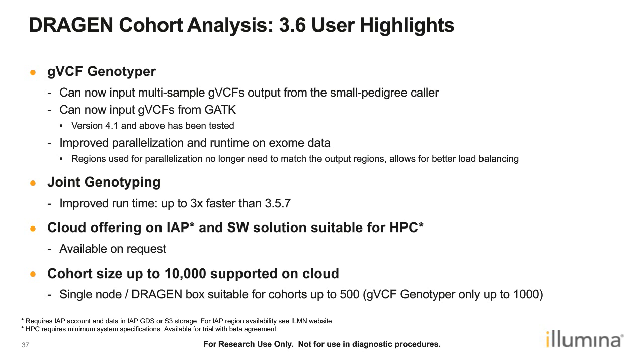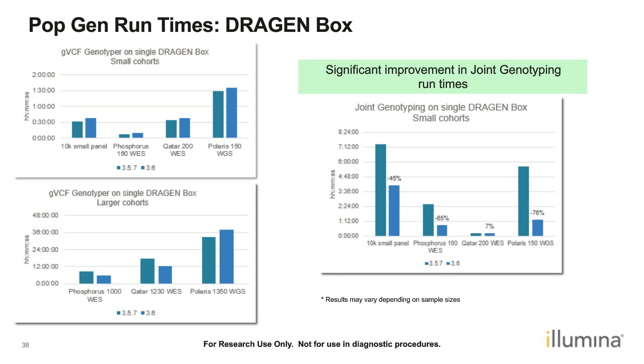So this is available today as an early evaluation solution. And the software solution is also suitable for running on your local HPC. So you can run it in the cloud using our IAP offering, where we have optimized some of the workflow related to this, or you can deploy it on your HPC.